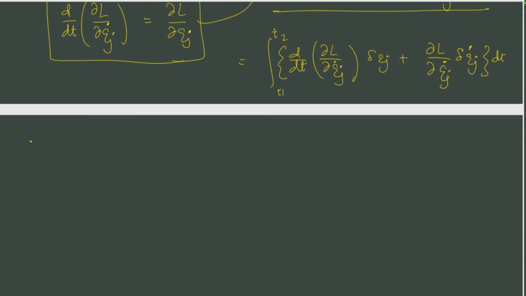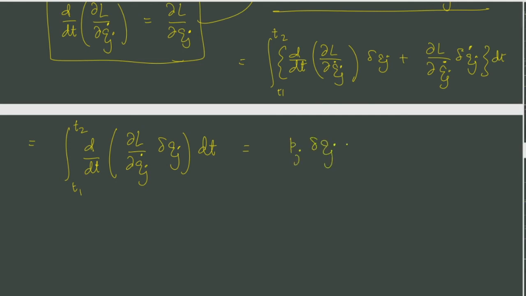This is actually easy, because if these two terms are combined, what we have essentially is the total time derivative of del L del Qj dot times del Qj. That's it. And that gives us, remember, this is Pj equals del L del Qj dot. So we have Pj delta Qj evaluated at T1 and T2. That's it. Right?